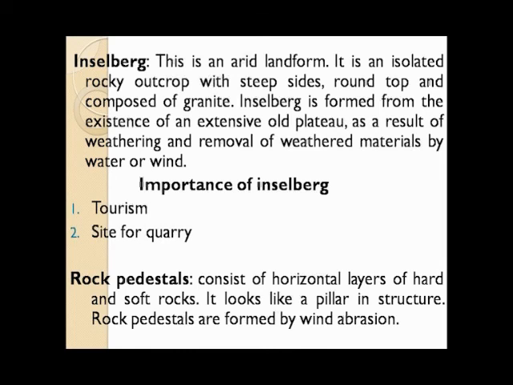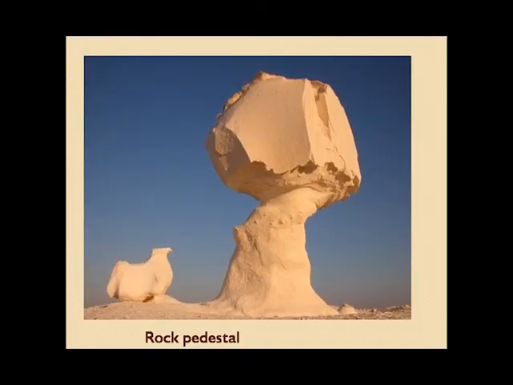They are usually isolated rocky outcrops and they have steep sides. Look at the various sides, the two sides. They are so steep that it would encourage the effect of erosion, running water, running ice on the feature itself. Now, it also has a round top and is composed of granite.